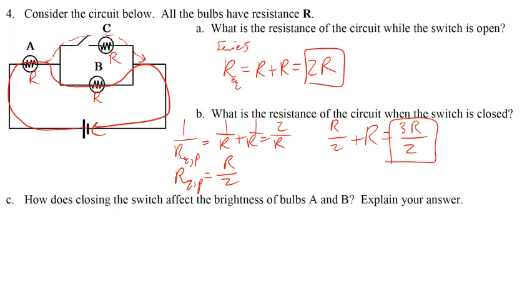So how does closing the switch affect the brightness of bulbs A and B? All right, so let's notice that we want to figure out how that's going to change the brightness, okay? So what we've got is that A is going to have similar current, but doesn't have the same voltage.